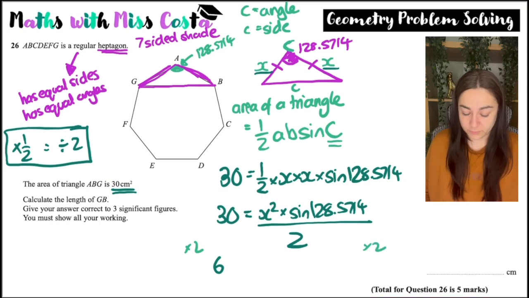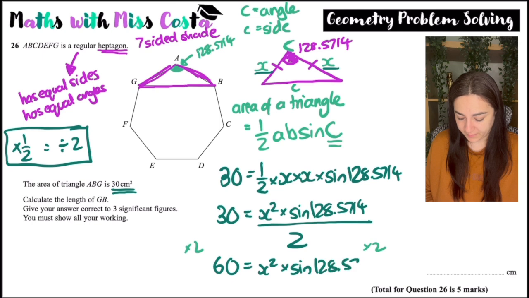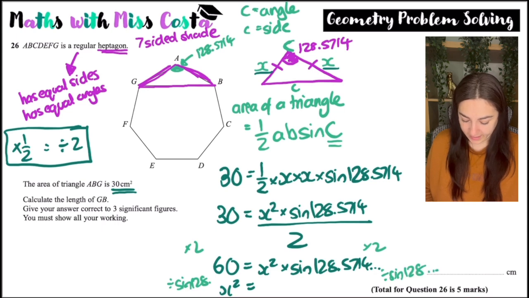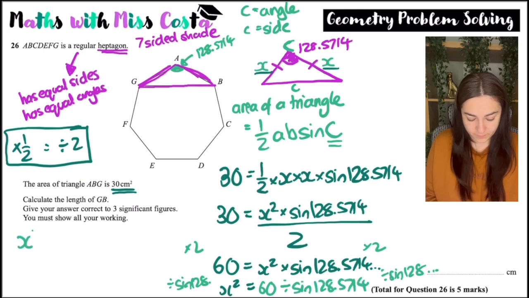because I'm just trying to rearrange it now to solve for x, so 60 is going to equal x squared times sine 128.5714. And in order to get x squared, I'm going to just need to divide both sides by sine 128.5714. So x squared is going to be 60 divided by sine 128.5714.